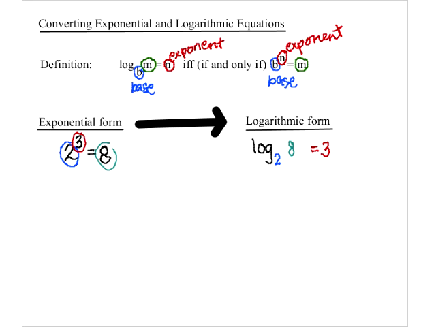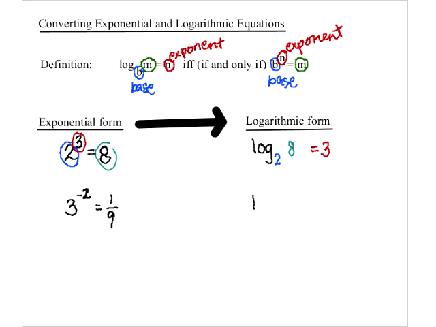Okay? All right, let's do another one that we might be familiar with. Let's do 3 to the negative 2 power is 1/9. Okay, so once again, I'm going to color code these.